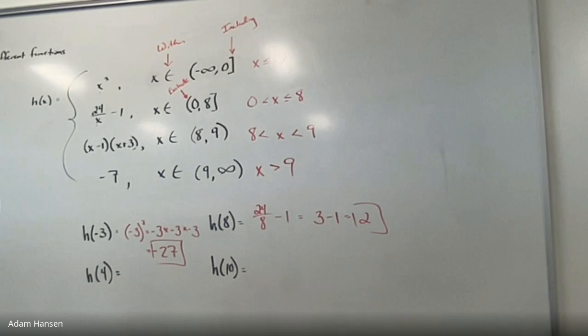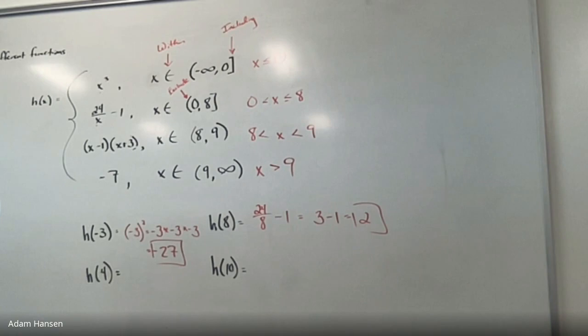Is 10 within 9 to infinity? For any x value from 9 to infinity, our function's value is -7. There's nothing about it, it's just, here's your number, it returns -7.